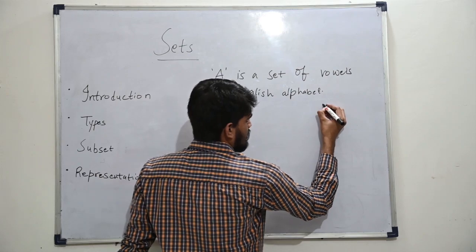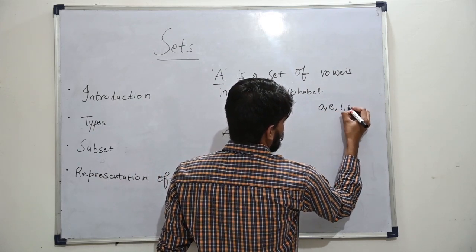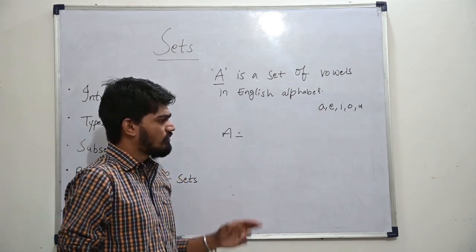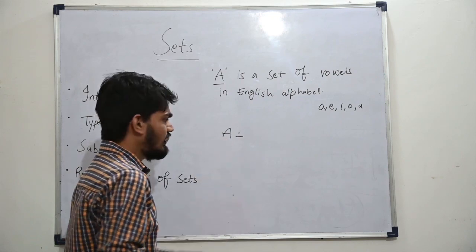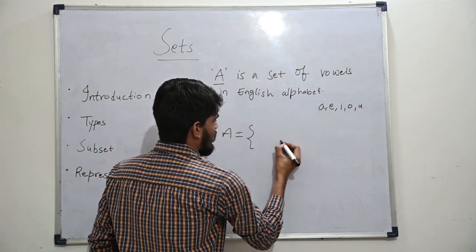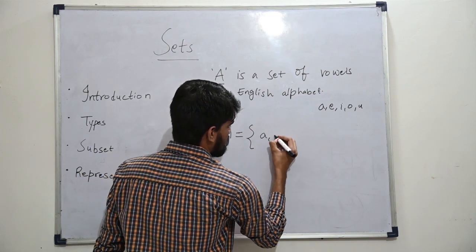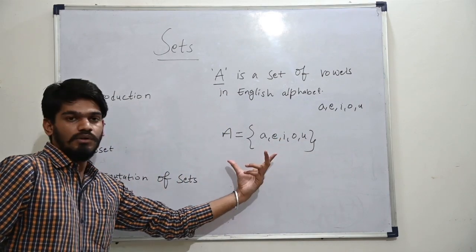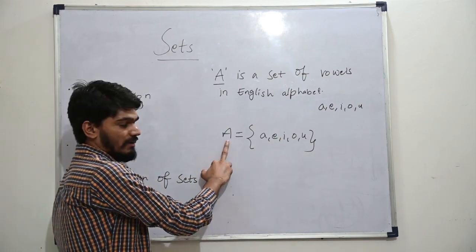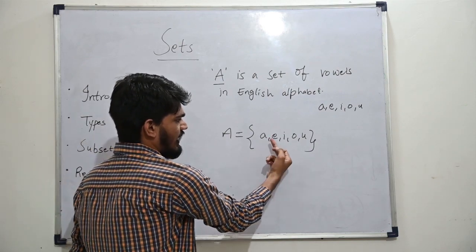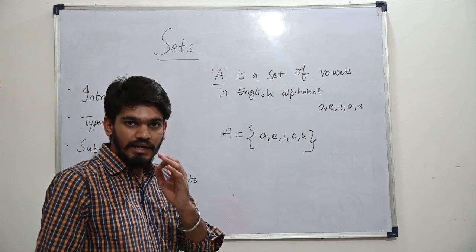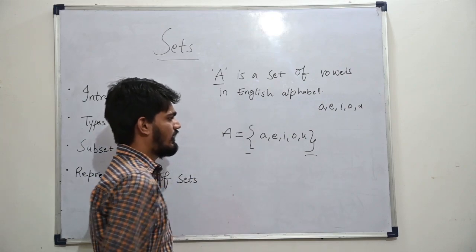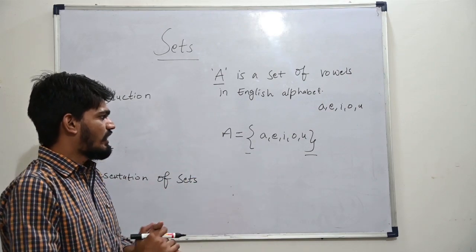We have A, E, I, O, U. How are we going to write a set now? First of all, we will write a set with a capital letter. Then the elements of the set are written in curly braces, and that's how we write a set. Now we are representing the set with capital letter A, and E, I, O, U are elements of the set, which are written in the curly braces. That's how we are going to write a set.